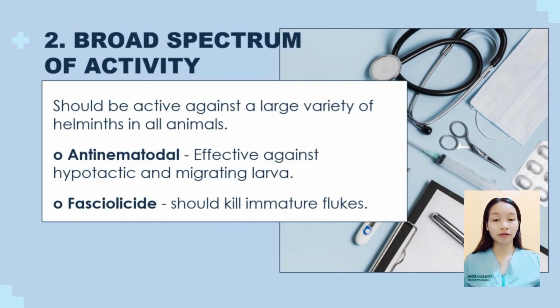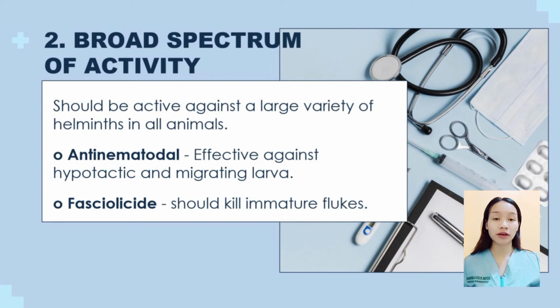Number 2. Anthelmintics must have a broad spectrum of activity. It means that all animals must be protected from a wide variety of helminths. It is effective against mature and immature worms as well as their larval stages. Antinematodal has been shown to be effective against hypobiotic and migratory larvae.